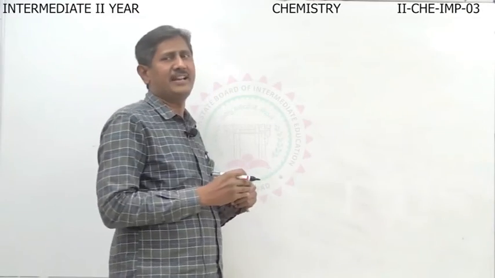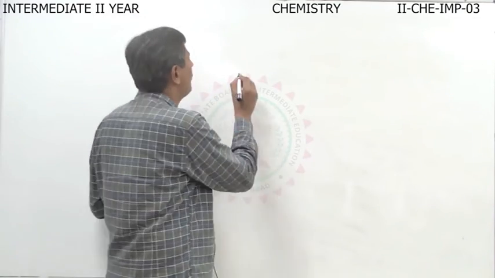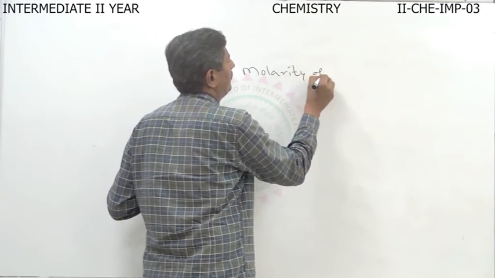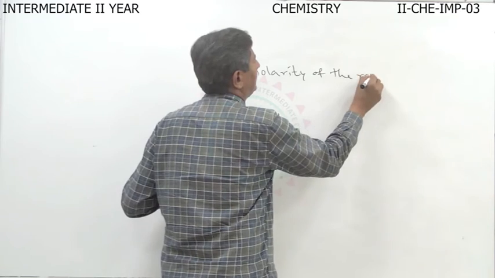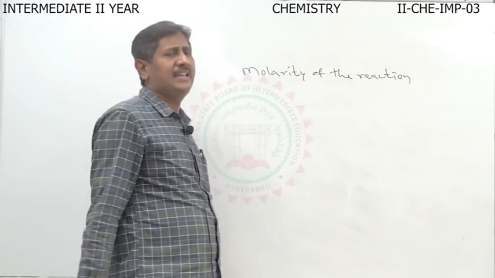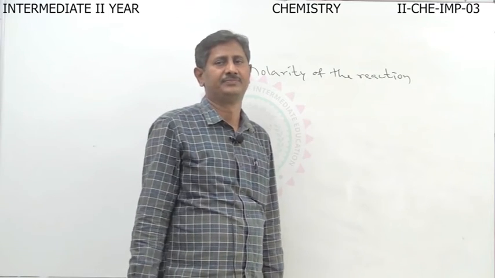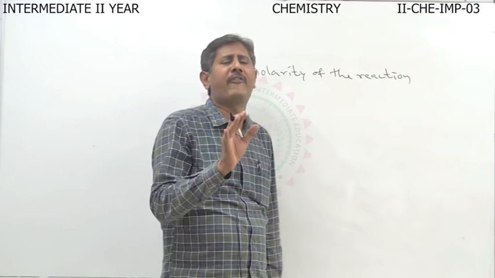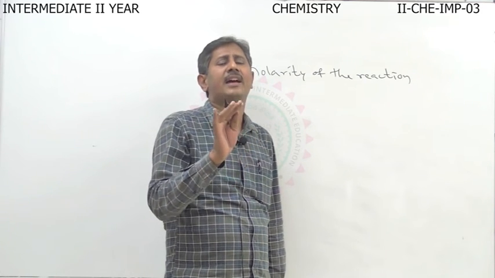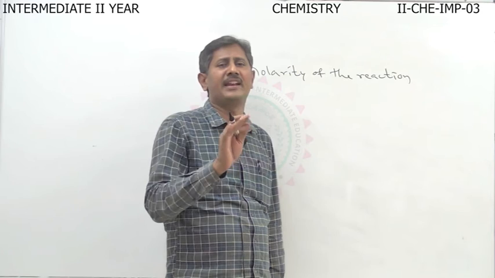Temperature dependence of the rate constant, and before going to that, the molecularity of the reaction. Generally, this is asked. Here, molecularity means the number of reacting species present in the elementary step or rate determining step of a reaction.